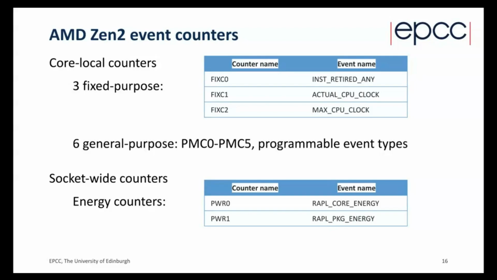One thing worth mentioning when it comes to core local counters versus socket-wide counters is that, as we will see, all hardware performance counter measurements are done on a core-by-core basis. So you always specify, when you're using LIKWID to measure counters, which cores you want to measure counters for. That's fine for core local counters, but for socket-wide counters, the question arises of what those are associated with.